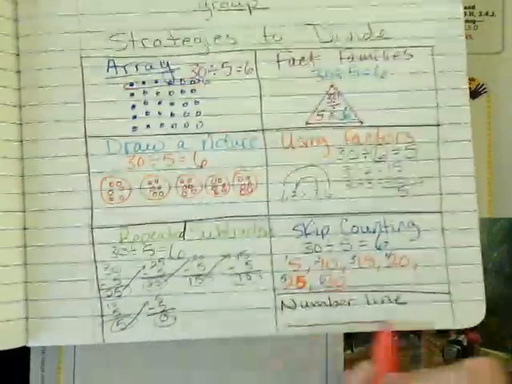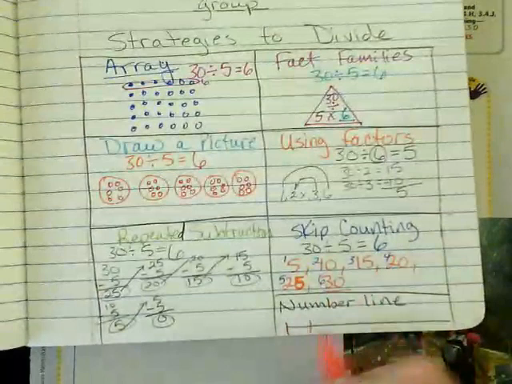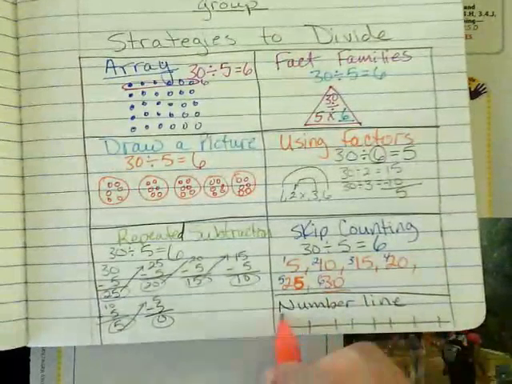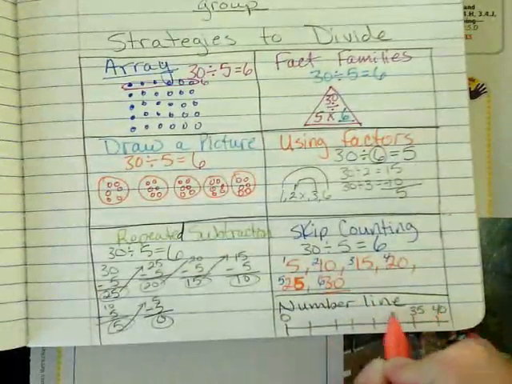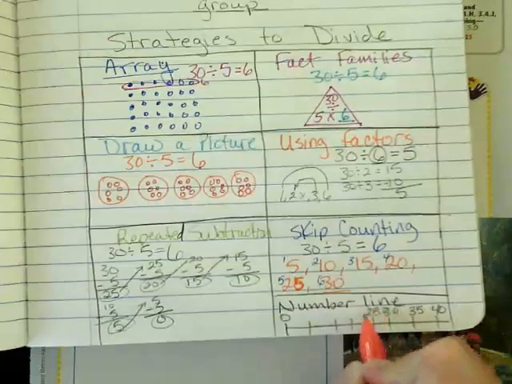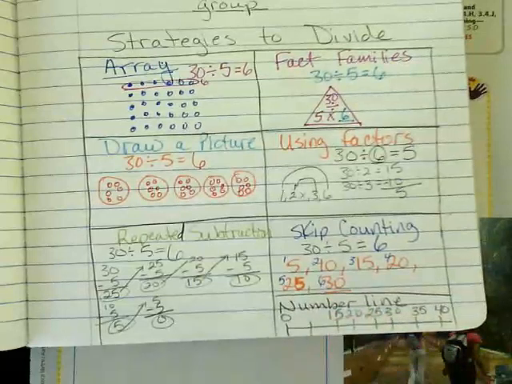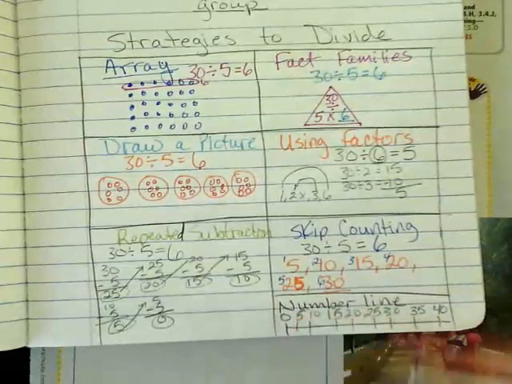So if I was doing a number line and I needed to do 30 divided by 5, I think I missed a line. Well, add it in right there.